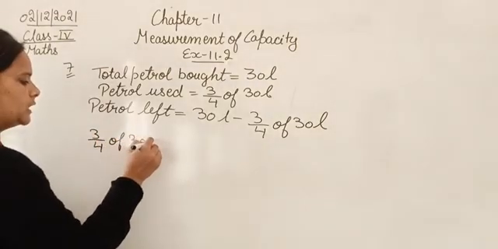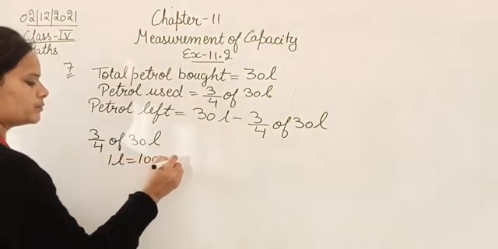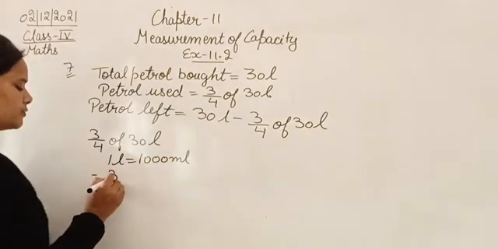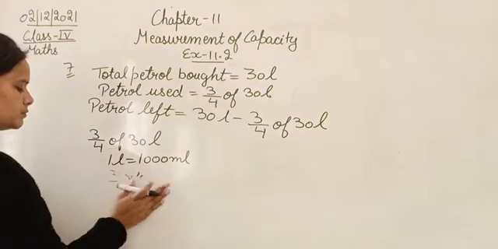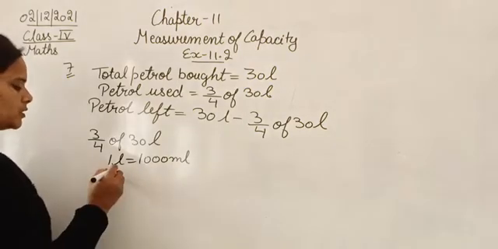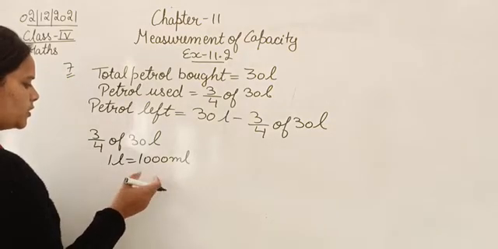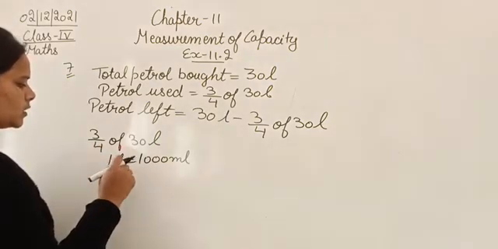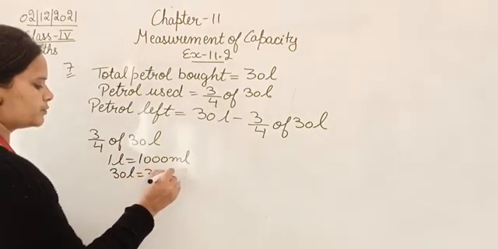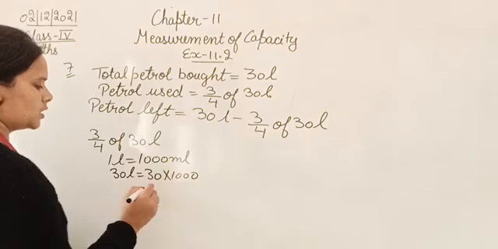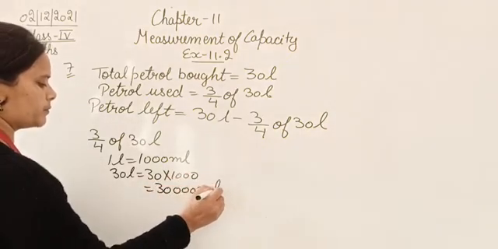of 30 liter. 1 liter is equal to 1000 ml. So this is 3/4 of 1 liter into 1000 ml. So 30 liter is equal to 30 into 1000, which is 30,000 ml.